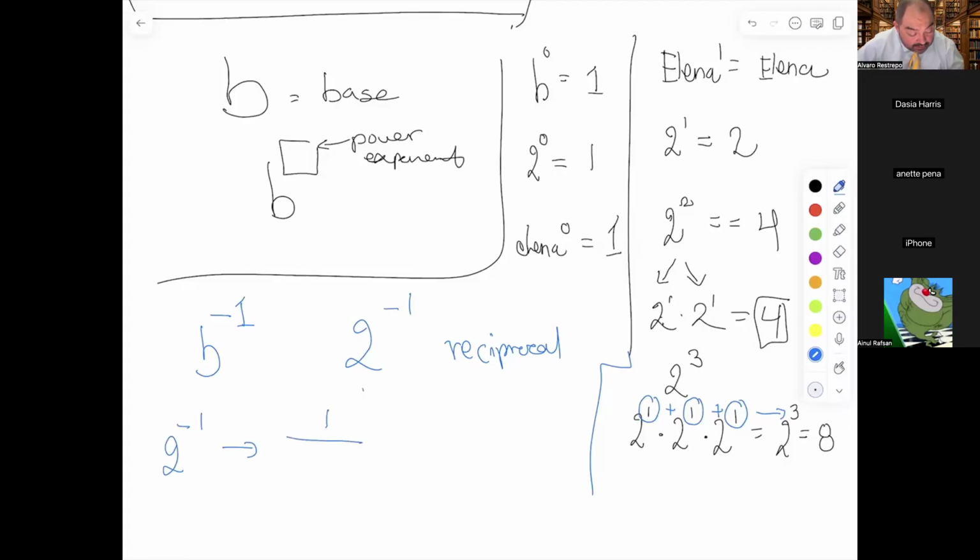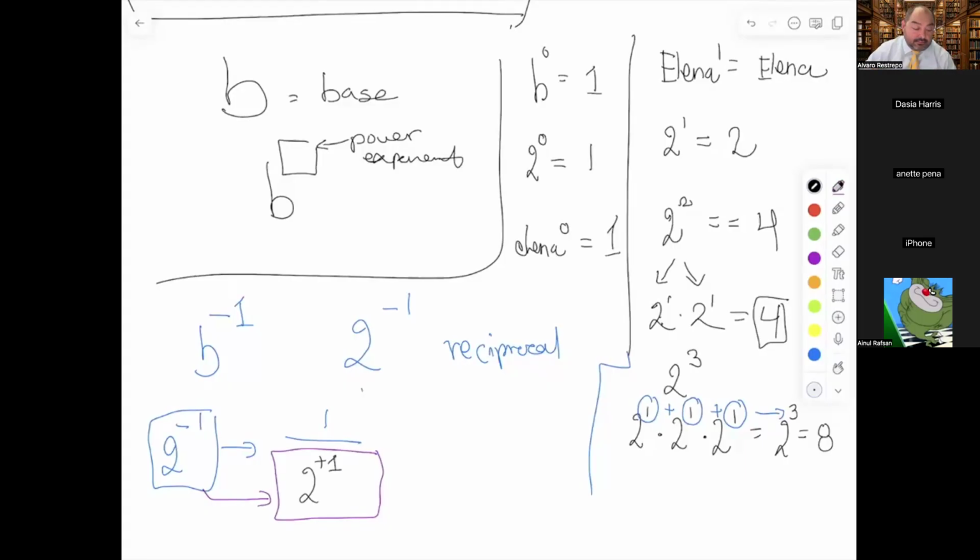And where am I going to put this 2? I am going to put it in the denominator, and then this is going to become 2 to the positive 1.